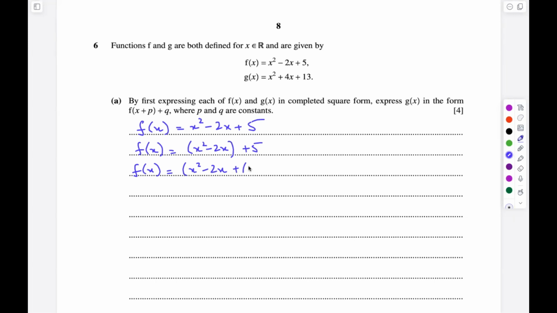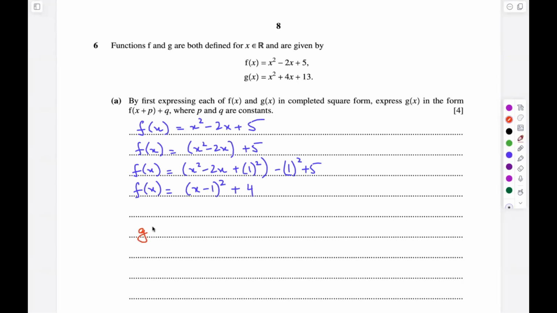So we'll add 1 squared in the bracket, and as we are adding 1 squared, we'll subtract 1 squared as well. Simplifying this, f of x will be equal to x minus 1 whole squared, and minus 1 plus 5 will be equal to plus 4.